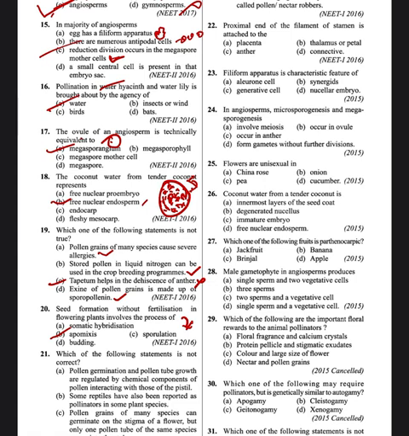Which of the following statements is not correct? Means a false statement. Pollen germination and pollen tube growth are regulated by the chemical components of pollen interacting with those of the pistil. Yes, this is the correct statement.